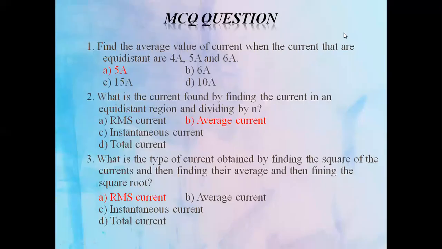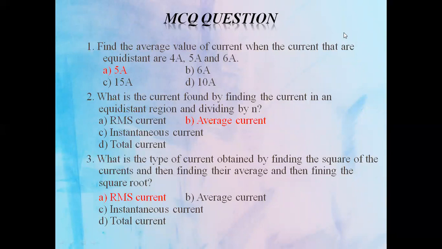Some MCQ questions. Number one, find the average value of current when the currents are 4 ampere, 5 ampere, and 6 ampere, and the answer is 5 ampere. Number two, what is the current found by adding the currents in equidistant regions and dividing by n?